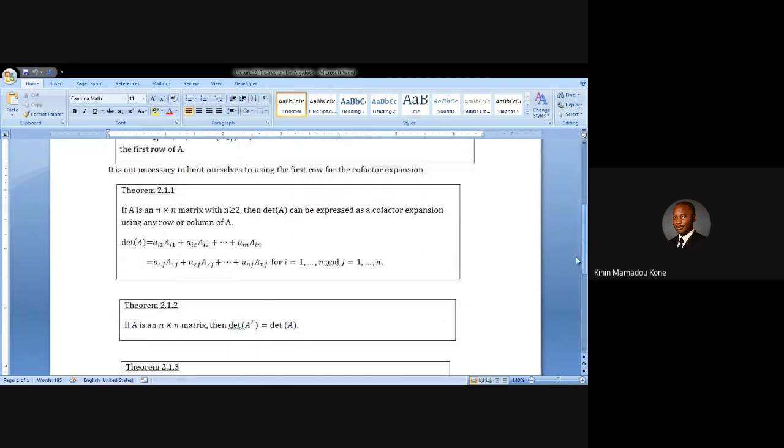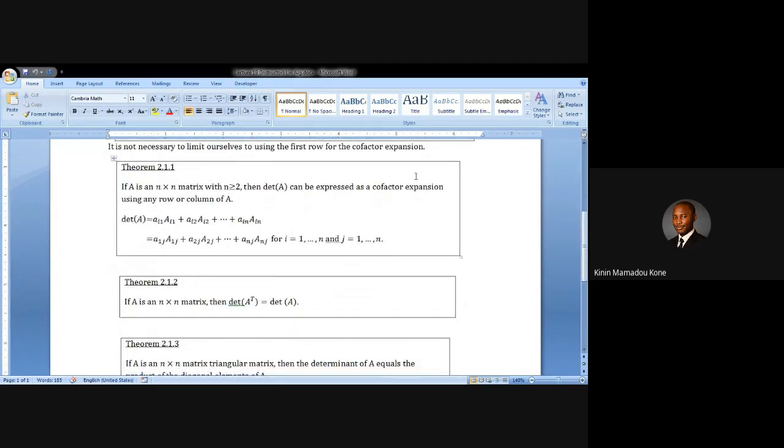Okay, so it's not necessary to limit ourselves to using the first row for the cofactor expansion. So here's a theorem. If A is an n by n matrix with n greater than or equal to 2, then the determinant of A can be expressed as a cofactor expansion using any row or column of A. So here's the first case and here's the second case.